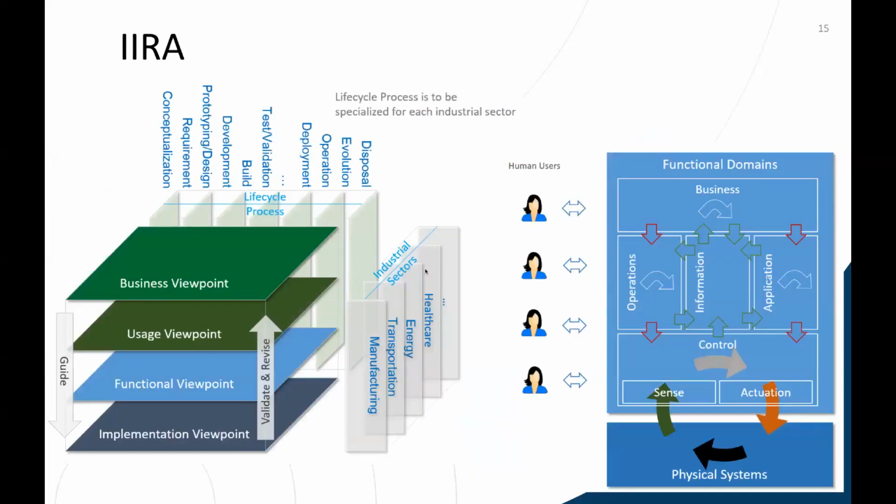The IIRA is also drawn as layers, but again, both of them point out that this is not a layered architecture. It's a way of describing the world that we have to operate in.